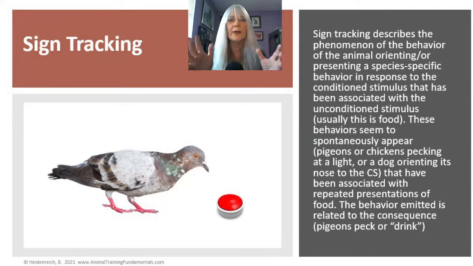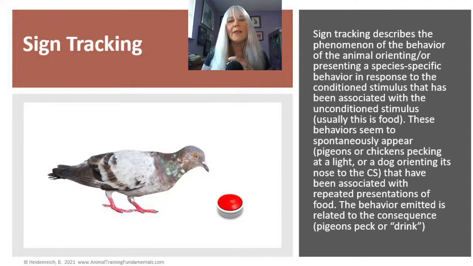Remember, modal action patterns are behaviors that don't need to have a prior learning history to be emitted by the animal. They seem to be based in the natural history of the species, and they tend to appear after repeated presentations of that consequence, and the behavior that is emitted is related to the consequence. So the pigeons peck if it was food, or they drink if it was water.